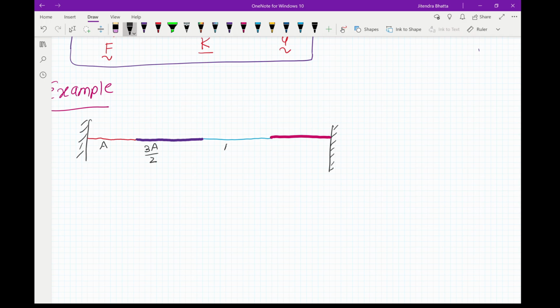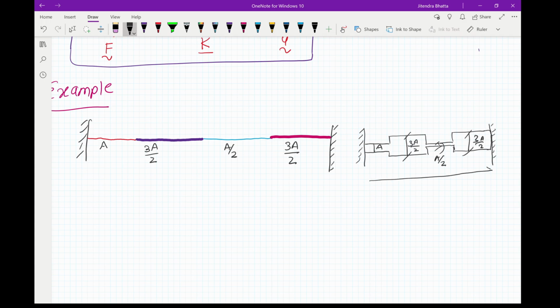This bar has an area of A by 2. And this one also has an area of 3A by 2. If you want to look at it more realistically, what you'll have is this as a whole system comprising different sizes of bars.